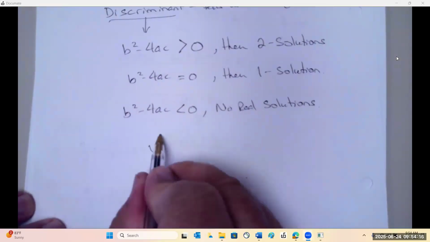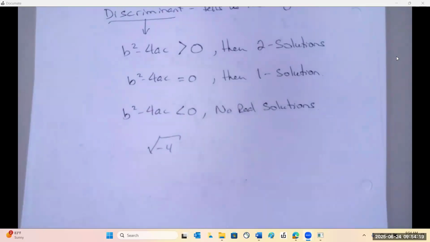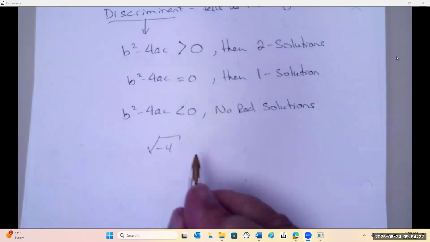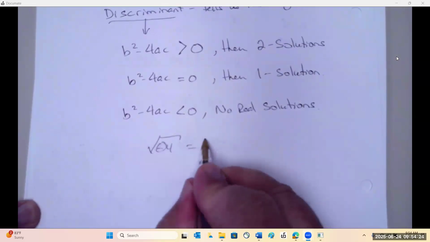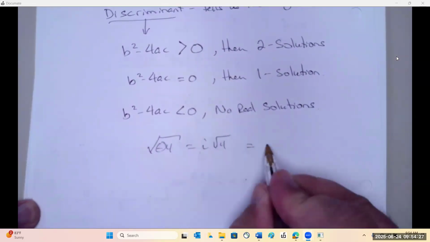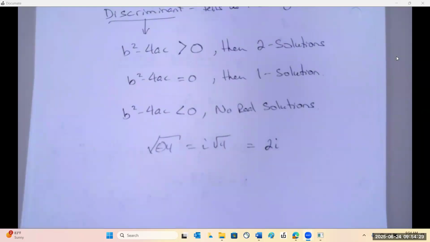If we have inside the square root a negative number, this negative makes it imaginary, and we can't graph it. So that's what the discriminant tells us. It tells us before we go any further how many solutions we are going to end up with. So far, so good? I know we have a lot of things to learn, but it's all building on itself.